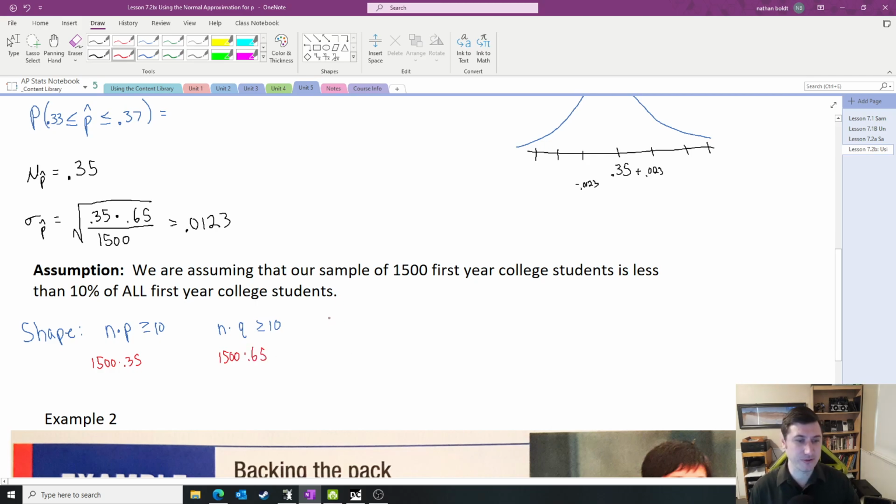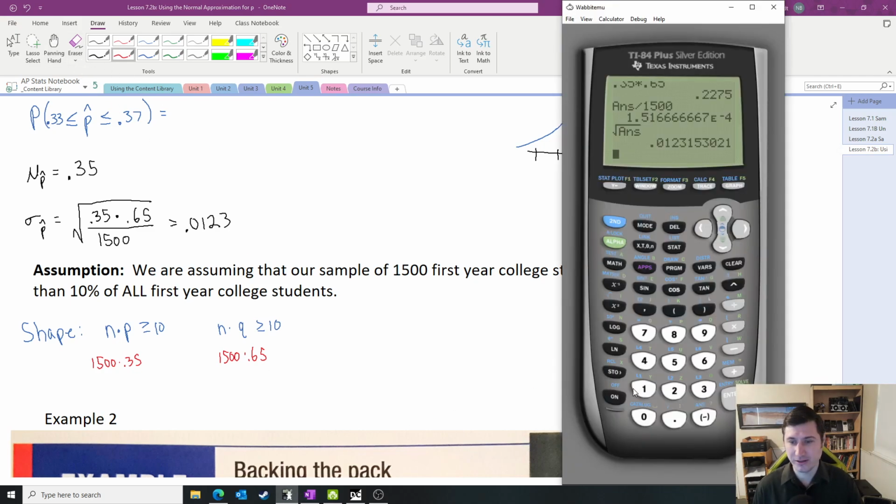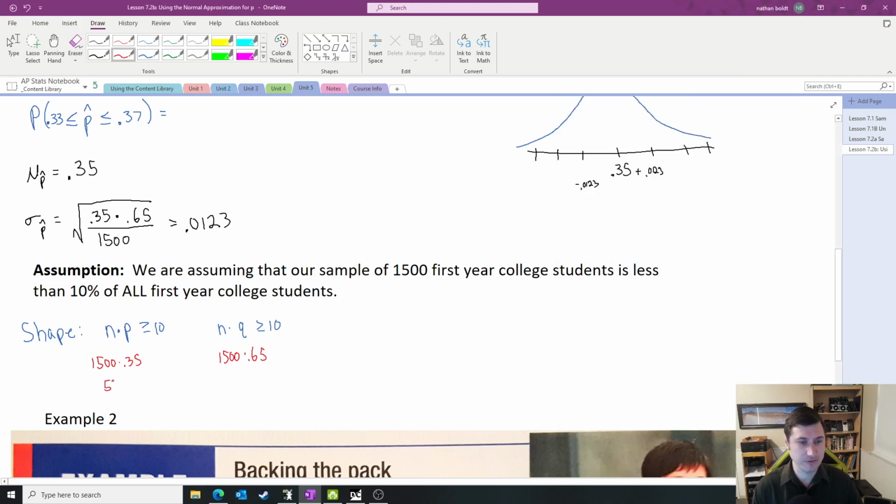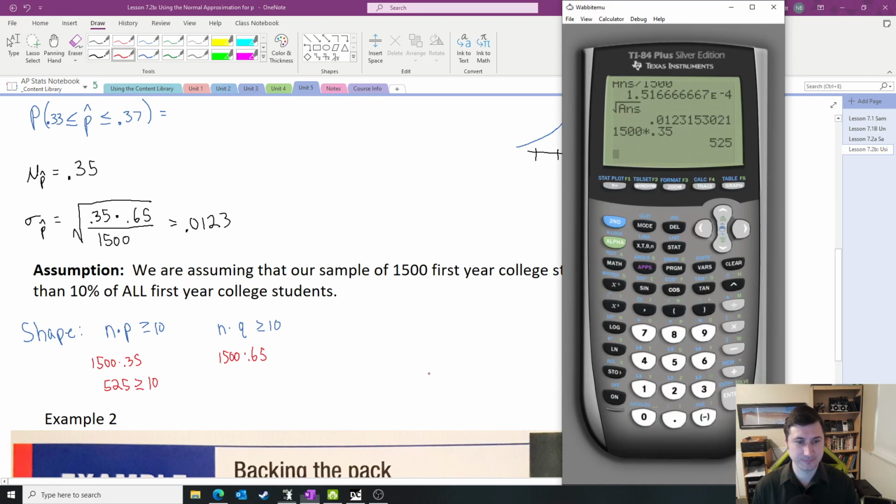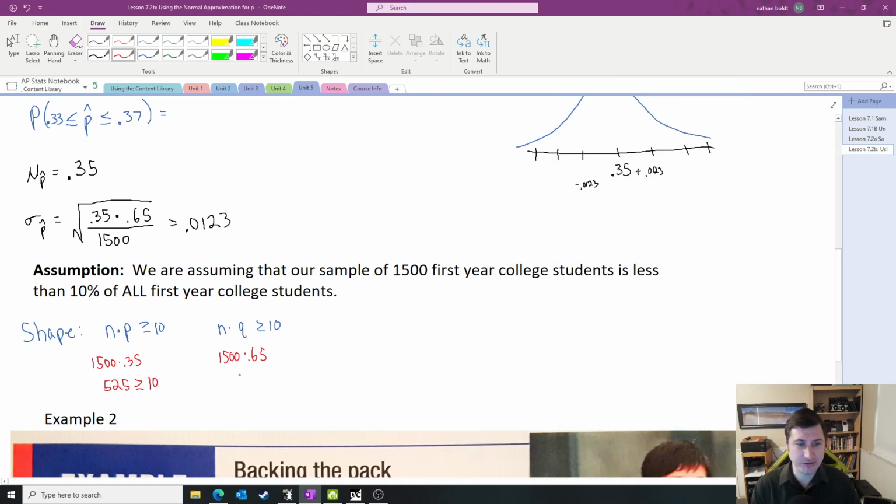Hopefully both of those numbers are greater than 10, which they of course are, but we'll do the math anyways. 1,500 times 0.35 is 525, and 525 is definitely greater than or equal to 10, and 1,500 times 0.65 is 975, which is also greater than or equal to 10.